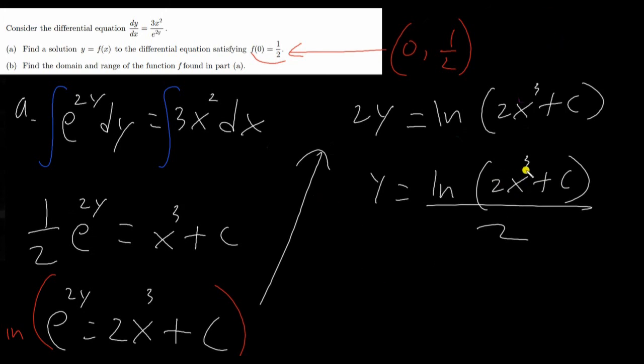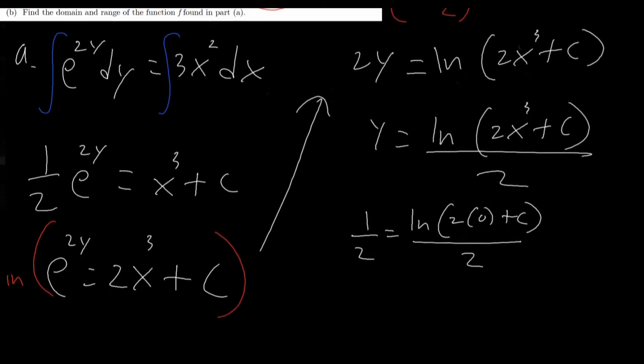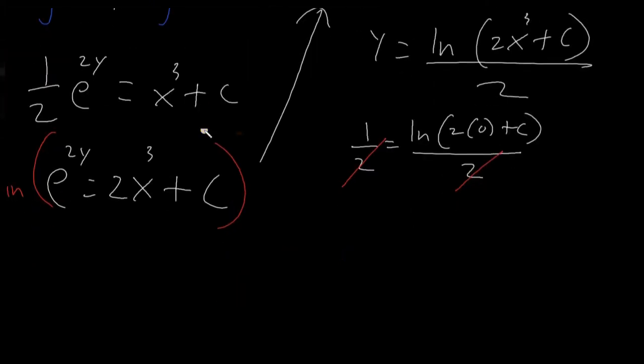If we plug in 0 for x and 1/2 for y, we'll get that 1/2 is equal to the natural log of 2 times 0 plus c, over 2. Okay? And then this 2 is going to cancel with that 2. So then we'll be left with 1 equaling the natural log of 2 times 0, which is 0, so 0 plus c is c.